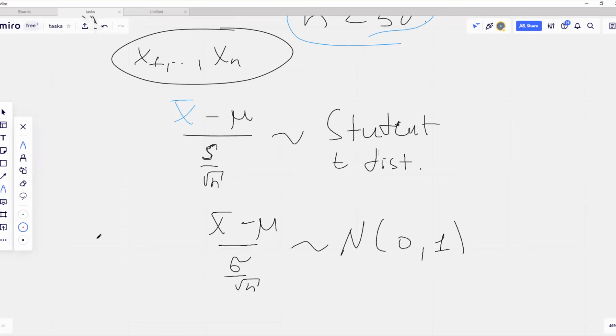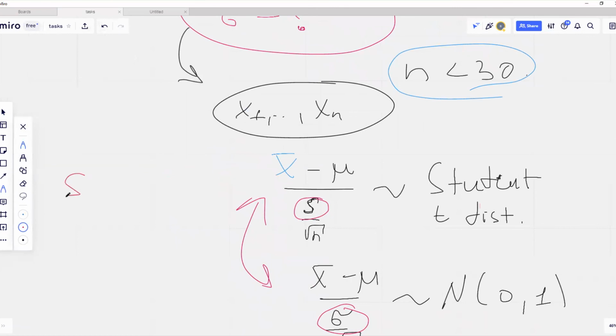Now, the only difference between those two random variables is that we replaced the unknown sigma with s, where s is the sample standard deviation, equal to the root of the sum of squared deviations from the mean divided by n minus 1.